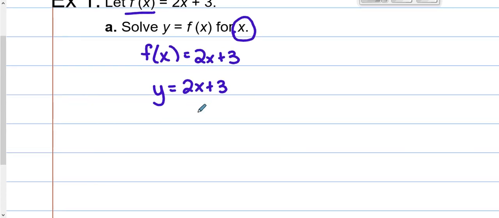So right here, we are going to subtract 3 from both sides. The 3's cancel, and we have y minus 3 equals 2x. To get x by itself, we have to get rid of that 2. So we're going to divide by 2 on every piece.